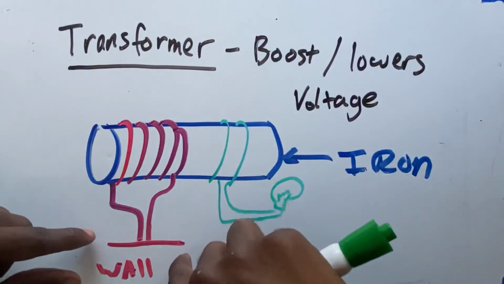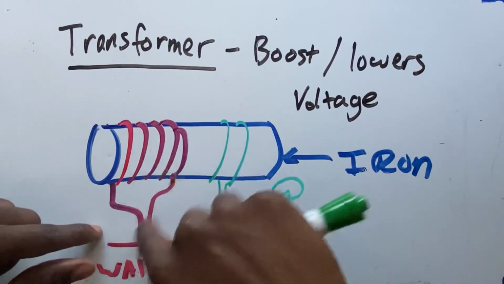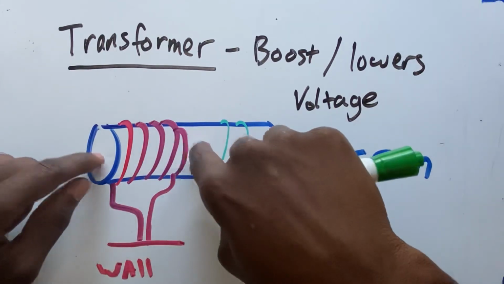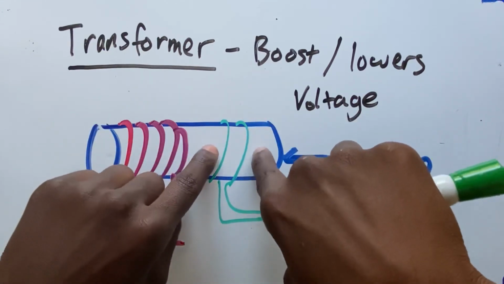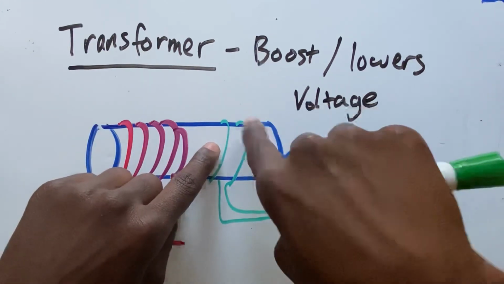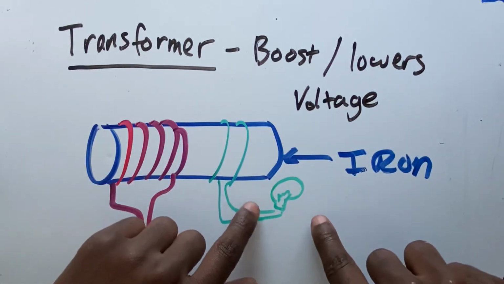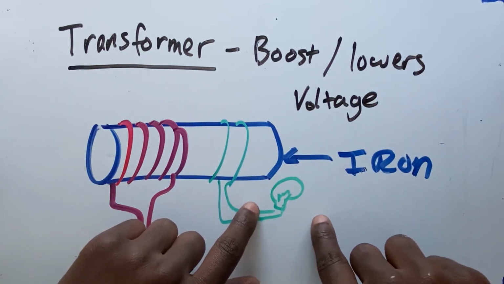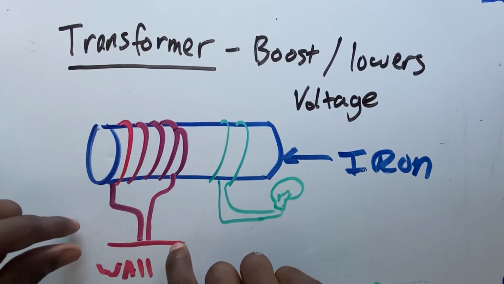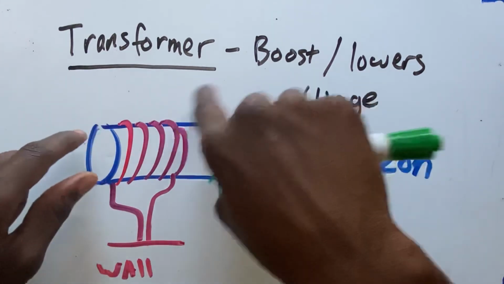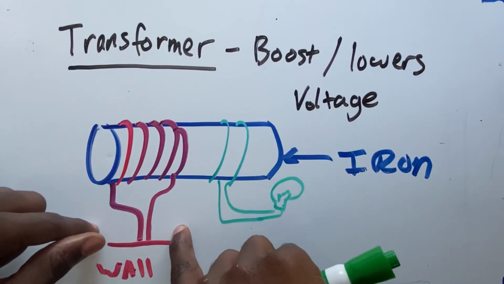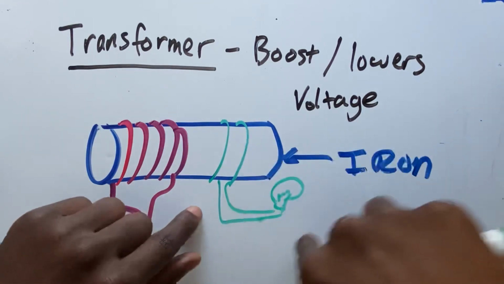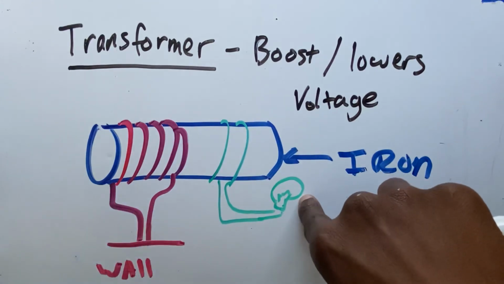So let's say this is connected to the wall, got some big current going through here. This current is basically going to induce a smaller current in this other coil, a safer current that can pass through this light bulb. So basically, this is what we call a step down. This original current that's really, really big was lowered so that it can go through this light bulb.